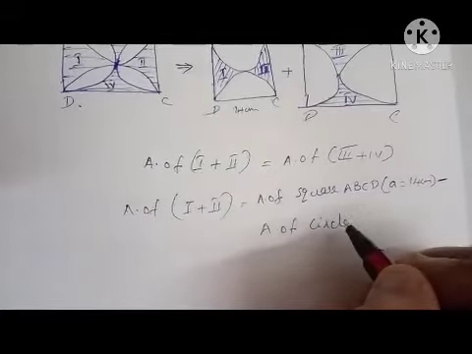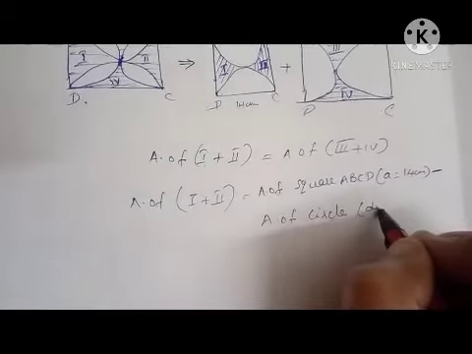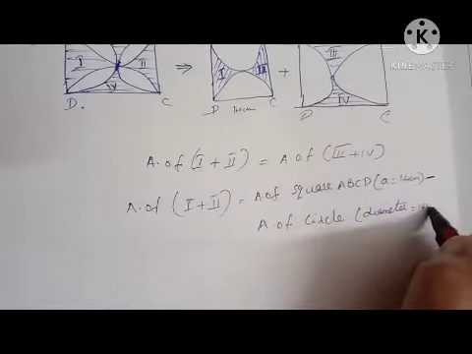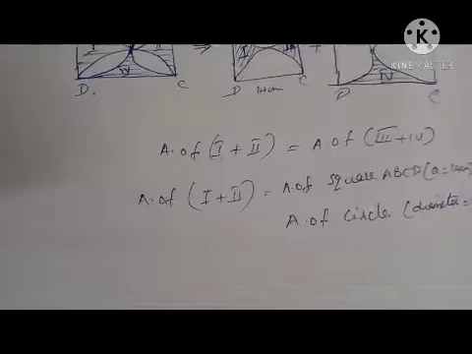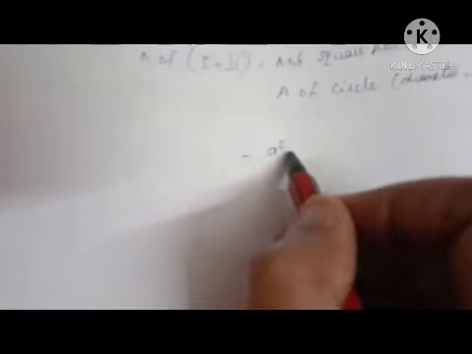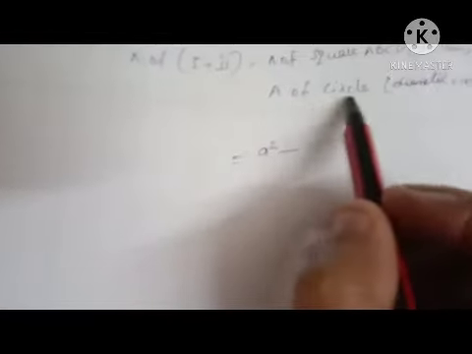We can write it as a circle itself. Circle diameter 14 centimeter. I have to write the equation for finding the area of the square with the side 14 centimeter. That is a square. Then minus area of circle with the diameter 14 centimeter.